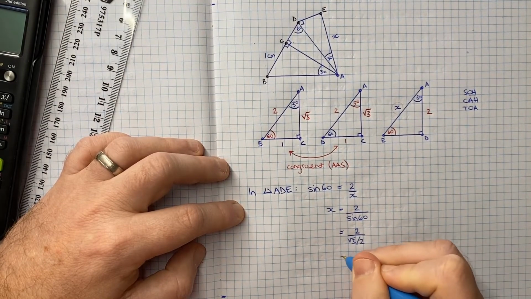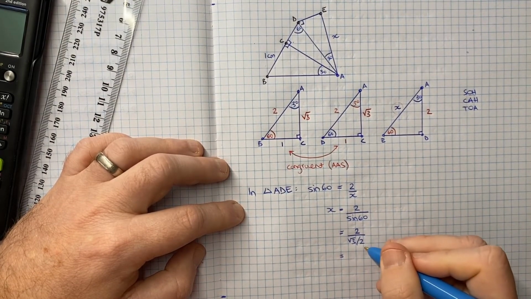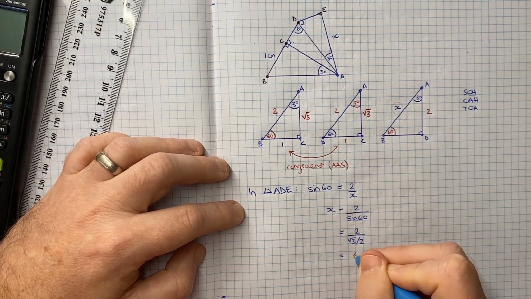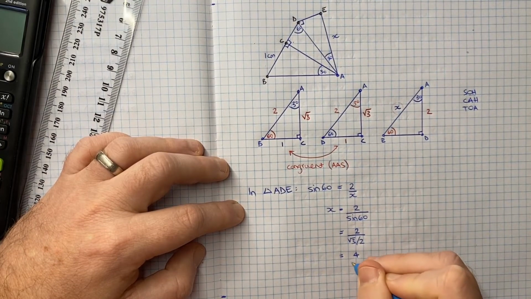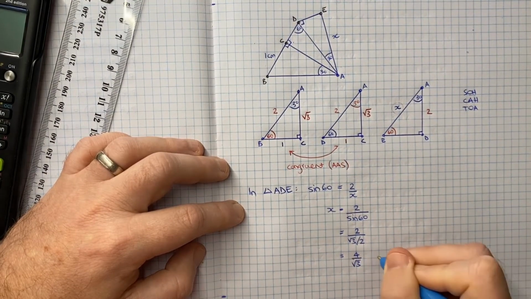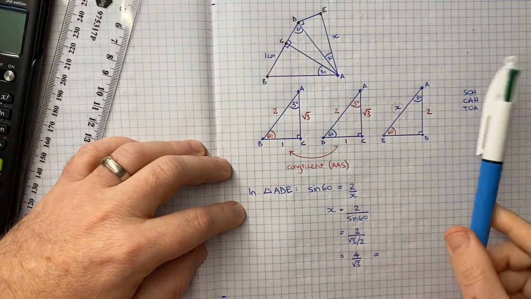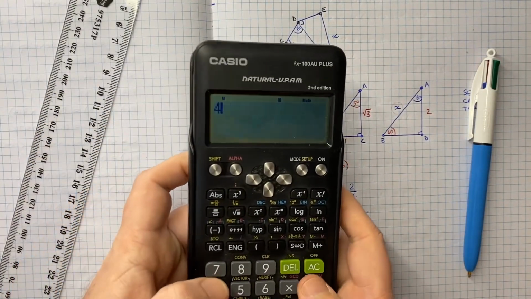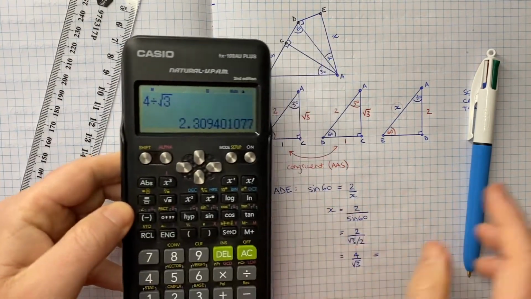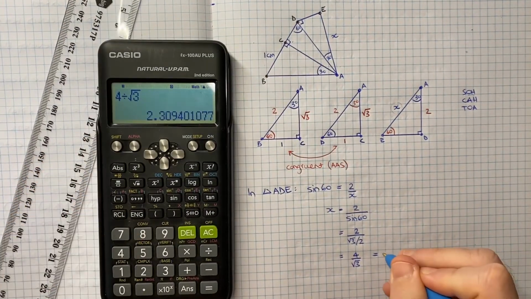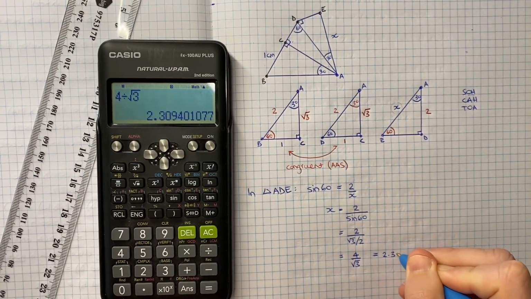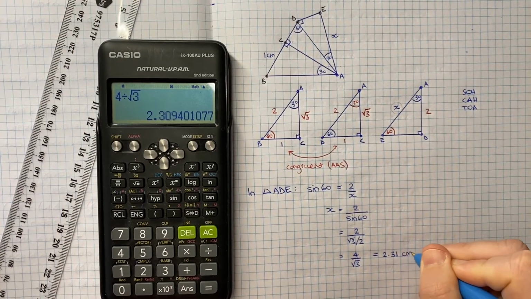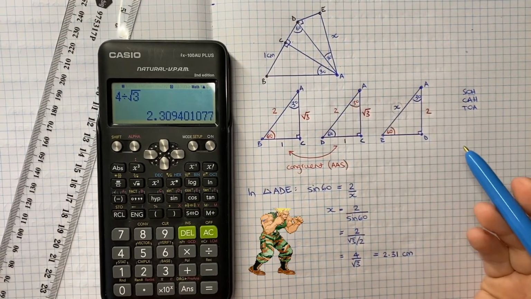If I clean this up a little bit, the 2 will come to the top, so 2 times 2 is 4, divided by the square root of 3. We could leave it there if we wanted, but we could also get out our calculator and do 4 divided by the square root of 3, and that's going to be 2.31. I'll round that to 2.31 centimetres, because the units we're dealing with are centimetres.